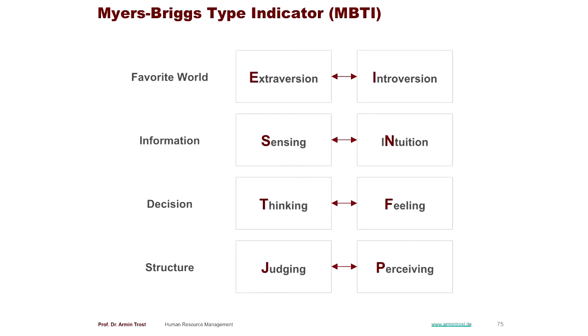And I show you this because in this test you find the typical dimensions which we use in personality tests. The first one is probably the most prominent one. Extraversion, introversion. There are people who are rather extraverted. They're outgoing, they are present. They constantly communicate. They don't have any fears in approaching other people.